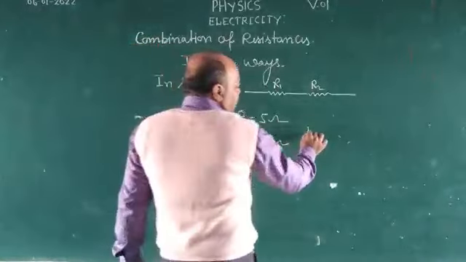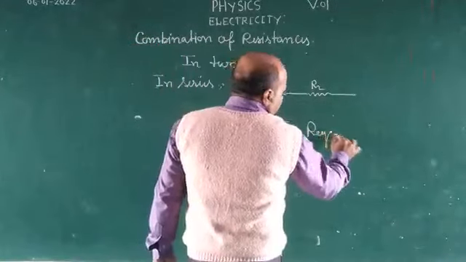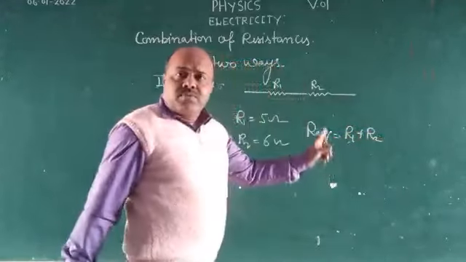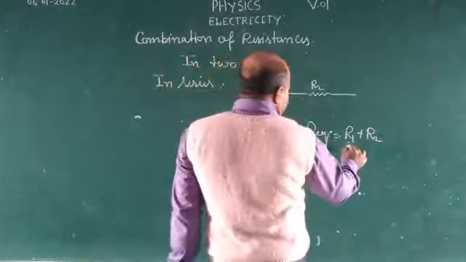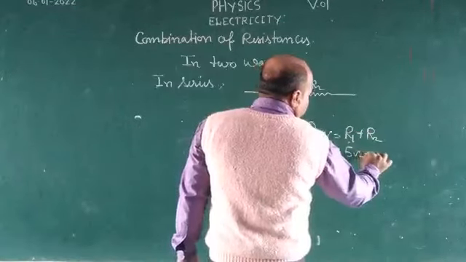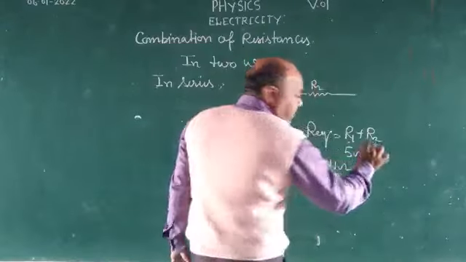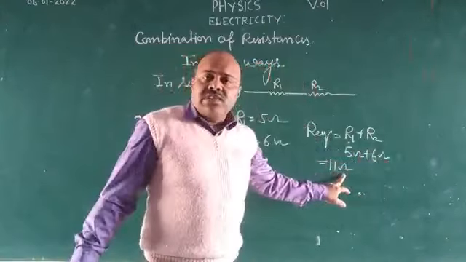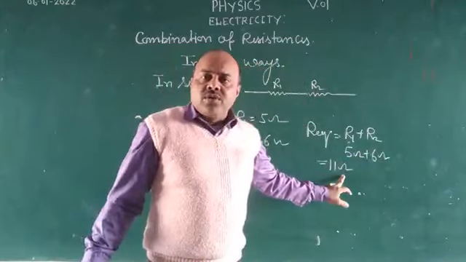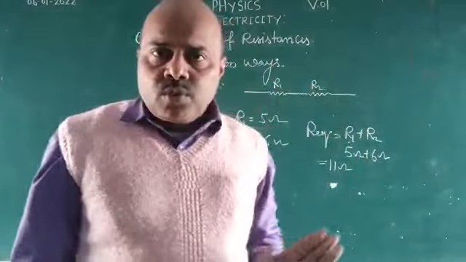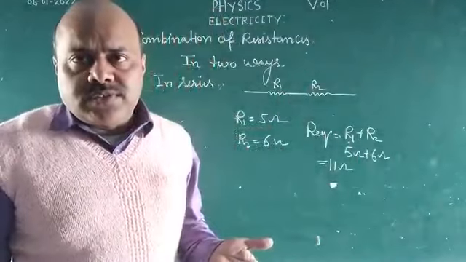You can write R equivalent is equal to R1 plus R2, so 5 ohm plus 6 ohm, which becomes 11 ohm. What is this letter? This is the sign omega, for the ohm. Ohm is the SI unit of resistance.